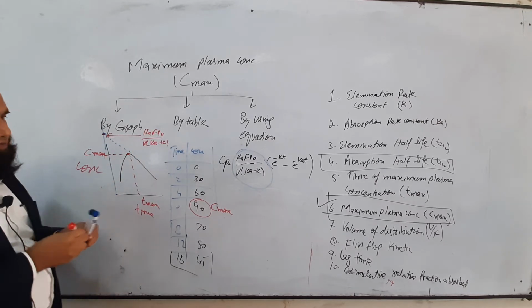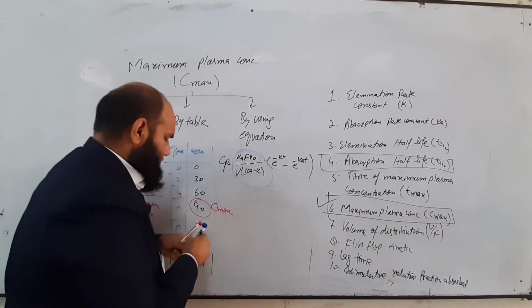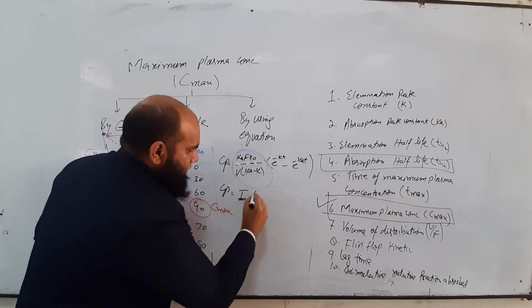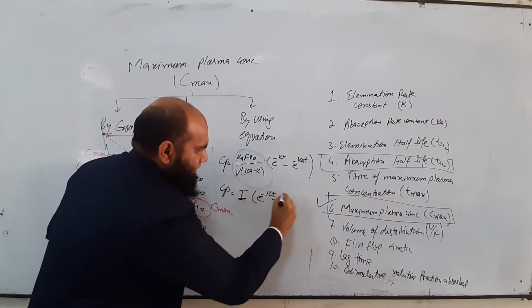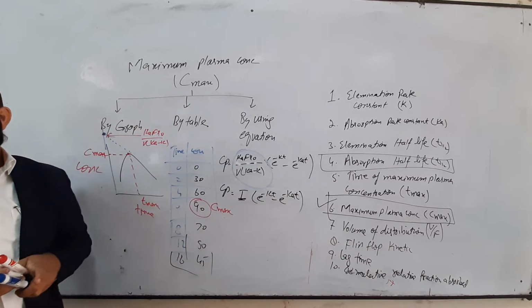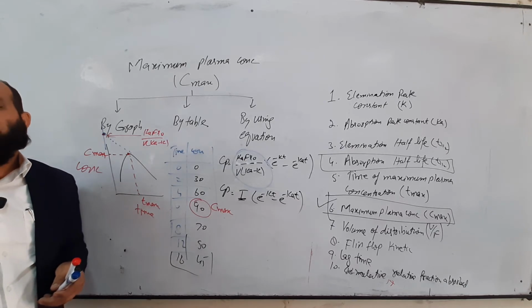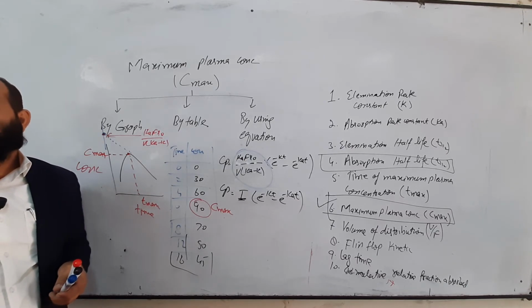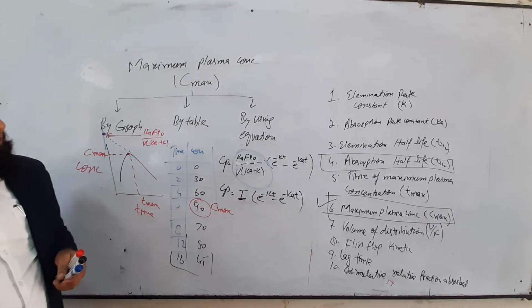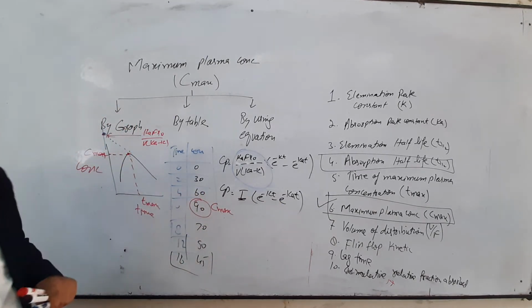It means we can solve all this, and we can write the equation Cp is equal to the intercept I, into e to the minus Kt minus e to the minus Kat. Now we have changed the complex portion of the equation only by taking the word I. I is actually the intercept. Intercept for what? By taking the extrapolation. When we move towards the extrapolation, then this I will give us the information.